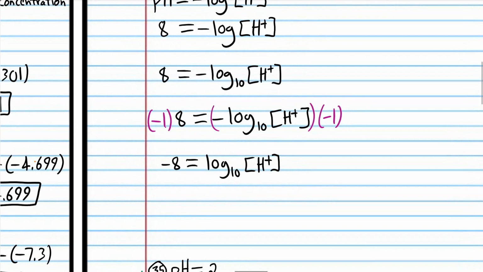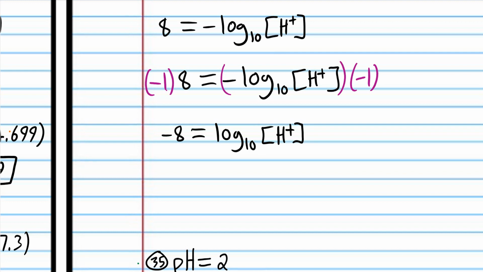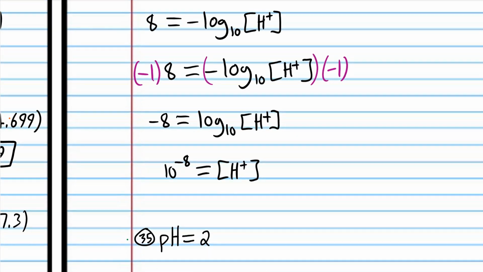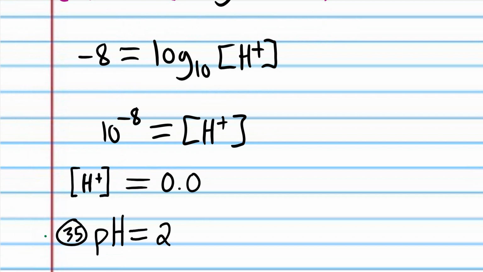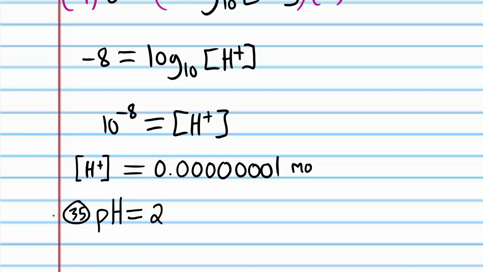there's really nothing to do. We're stuck unless we can translate to an exponential equation. So the hydrogen ion concentration is equal to 10 to the -8, which is 0.00000001 moles per liter.